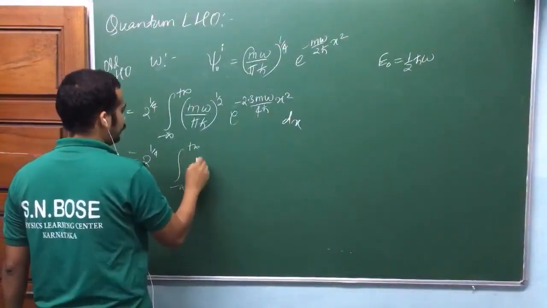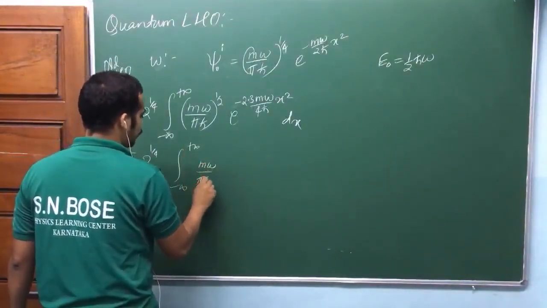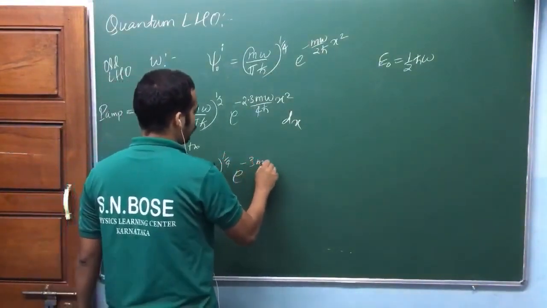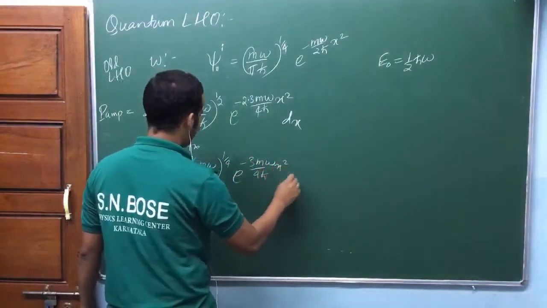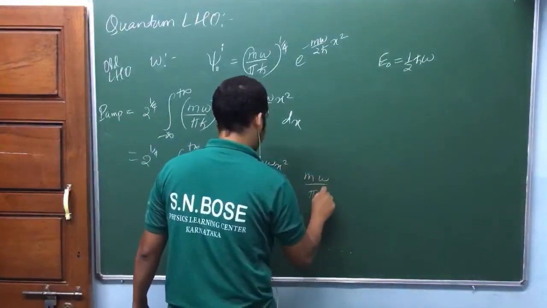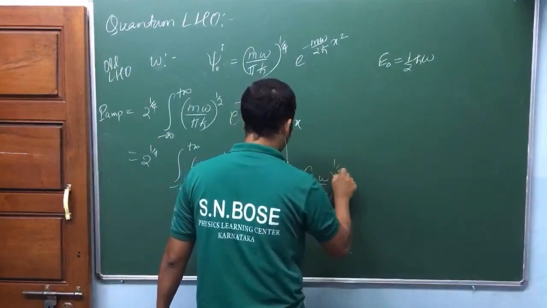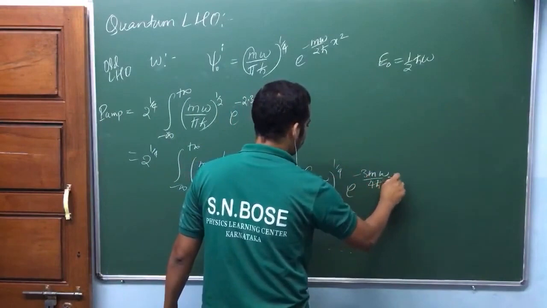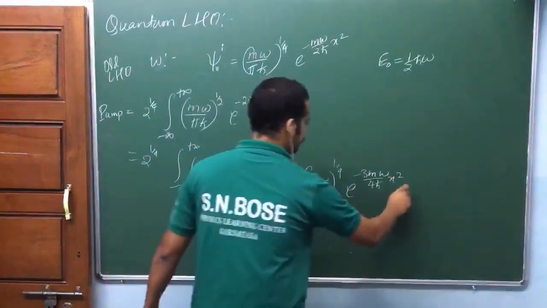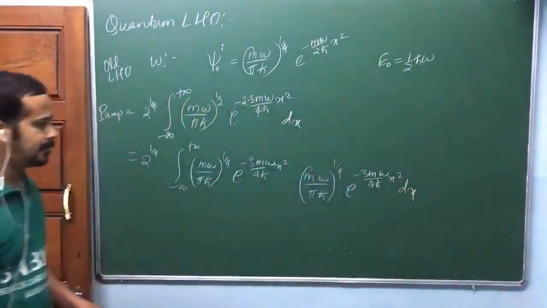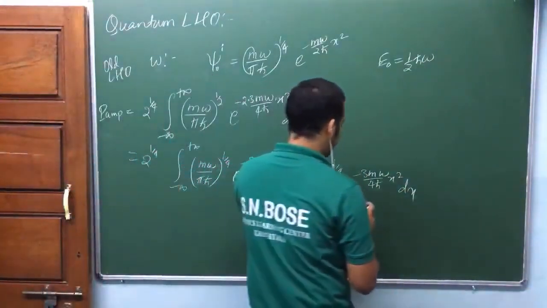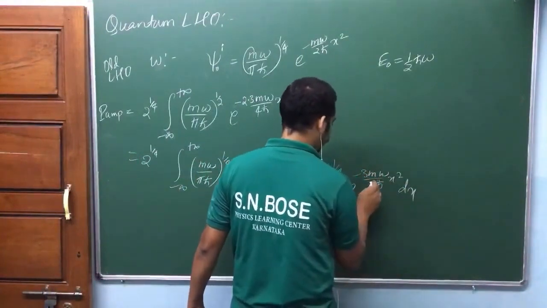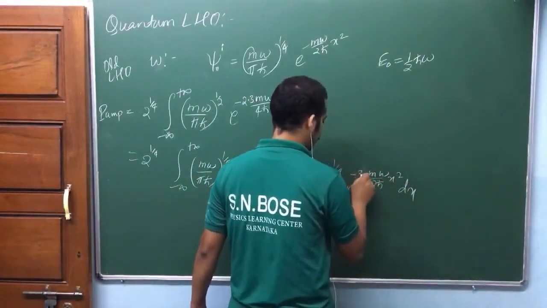Minus infinity to plus infinity, m omega by pi h bar raised to 1 by 4, e power minus 3m omega by 4 h bar x square, m omega by pi h bar raised to 1 by 4, e power minus 3m omega by 4 h bar x square. m omega by 2 h bar, one more 2 is there. 3 by 2 is the extra term.